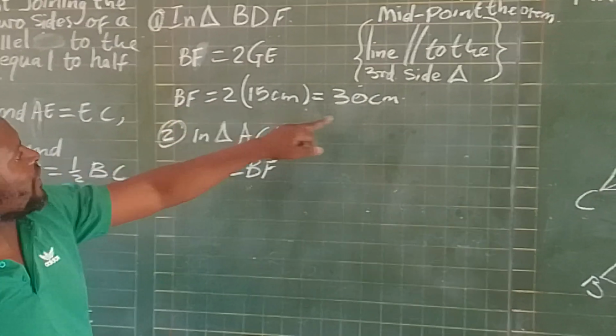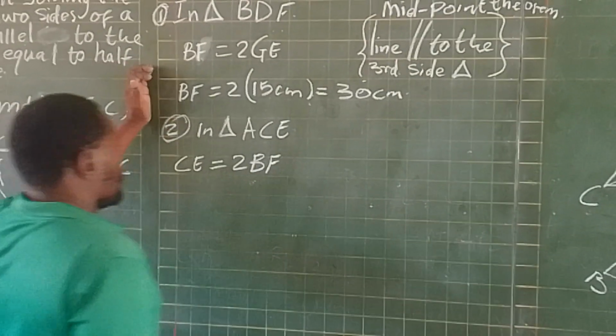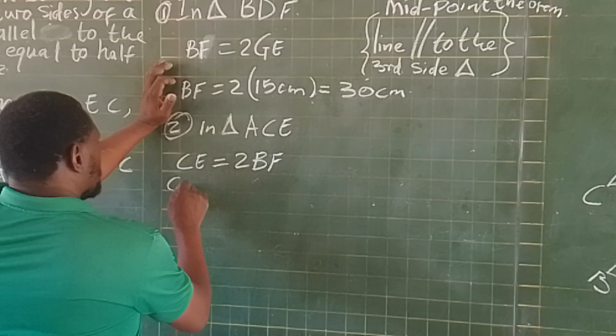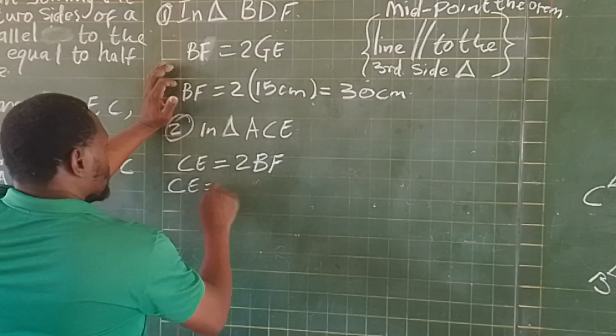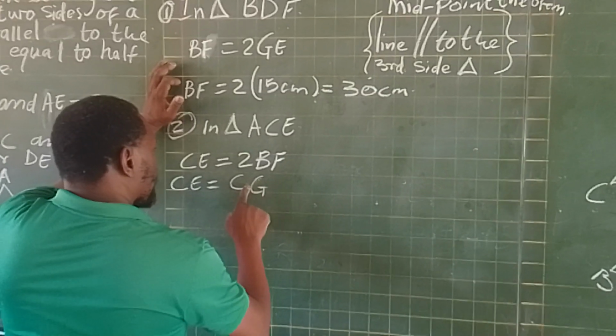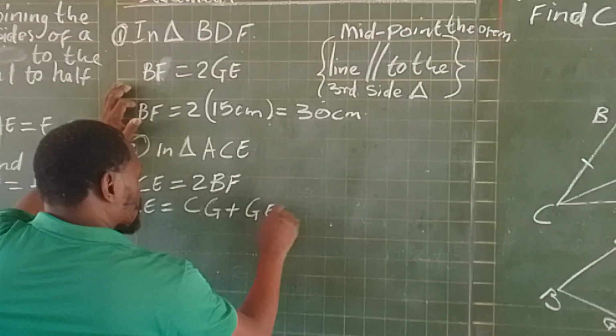We know that we have proven that BF is 30 centimeters from above. Then CE is equal to CG plus GE.